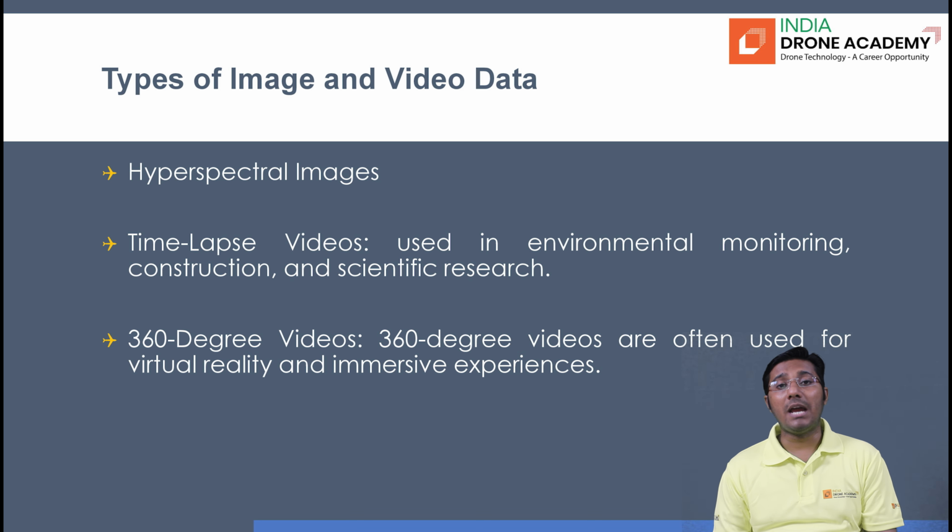Time-lapse videos are used in environmental monitoring, construction, and scientific research. And 360-degree videos are used for virtual reality and immersive experiences. So this was all about the types of image and video data.